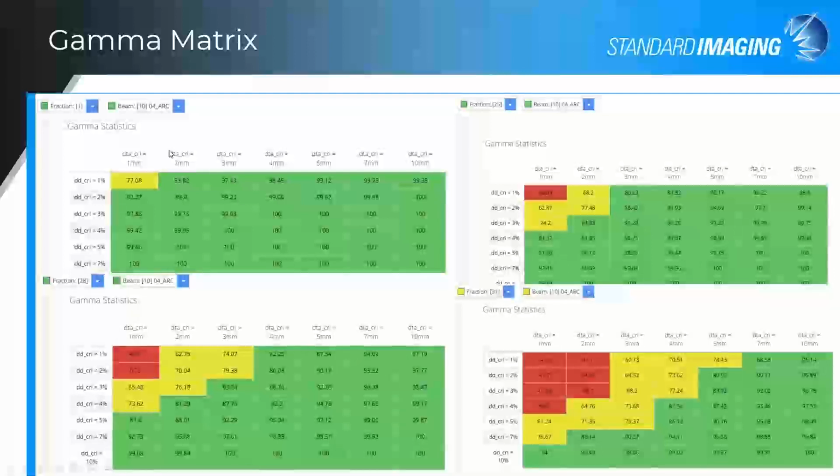You can see this information across all the fractions, but with our software, you don't have to go back and recompute with different criteria. We're giving you preset, predetermined results with different distance to agreements all the way out to 10 millimeters, and the same thing with a dose difference or a signal difference from 1% to 10%.